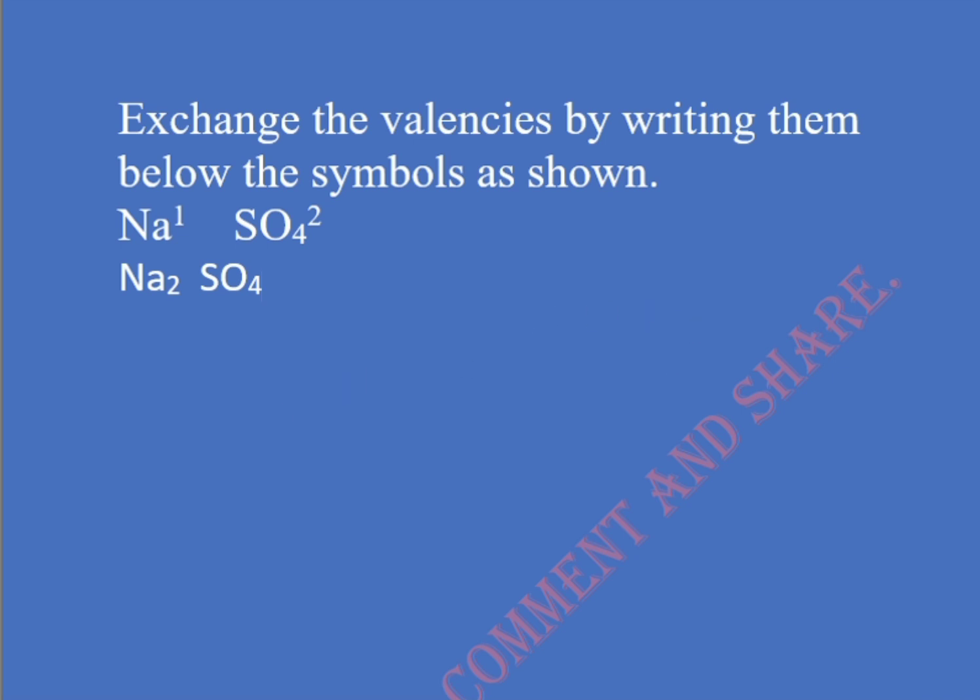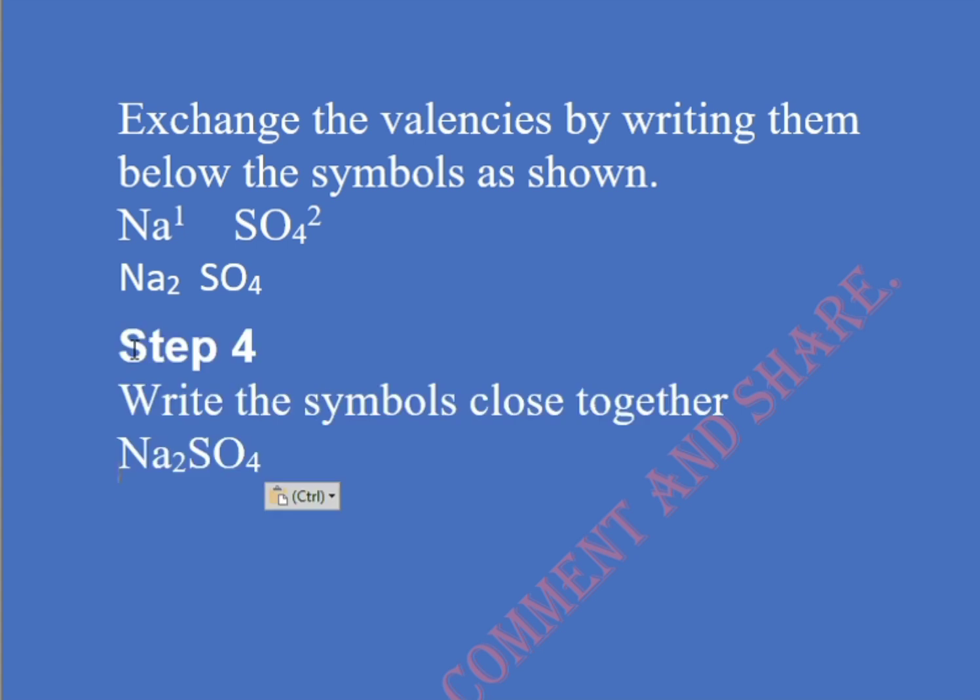Here the entire sulfate is 1, so we don't indicate that 1. But for sodium we indicate 2. Now we have exchanged the valencies, and we are writing them as subscripts other than the superscripts that we had before.